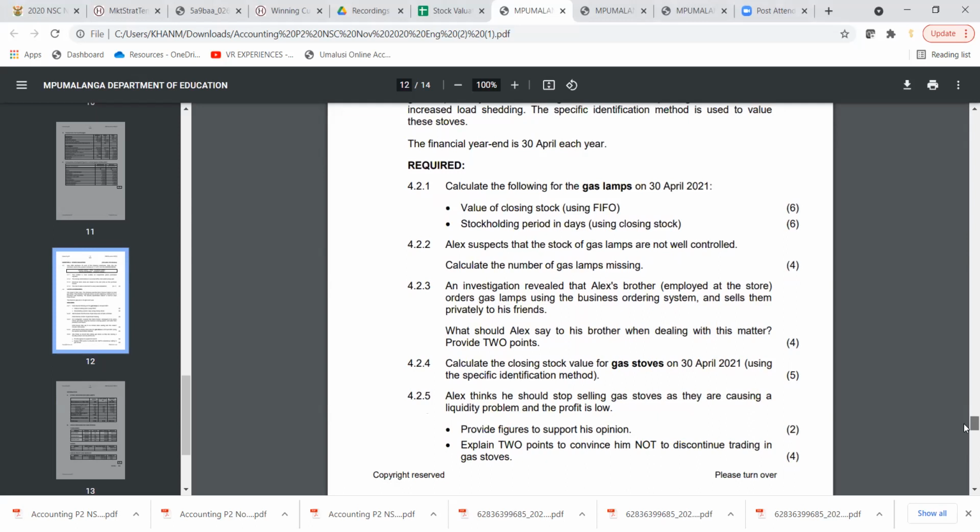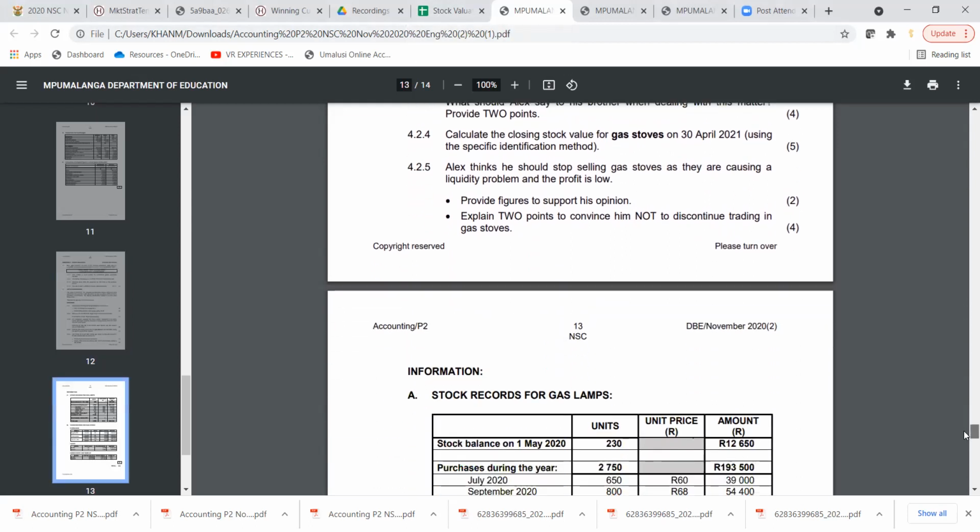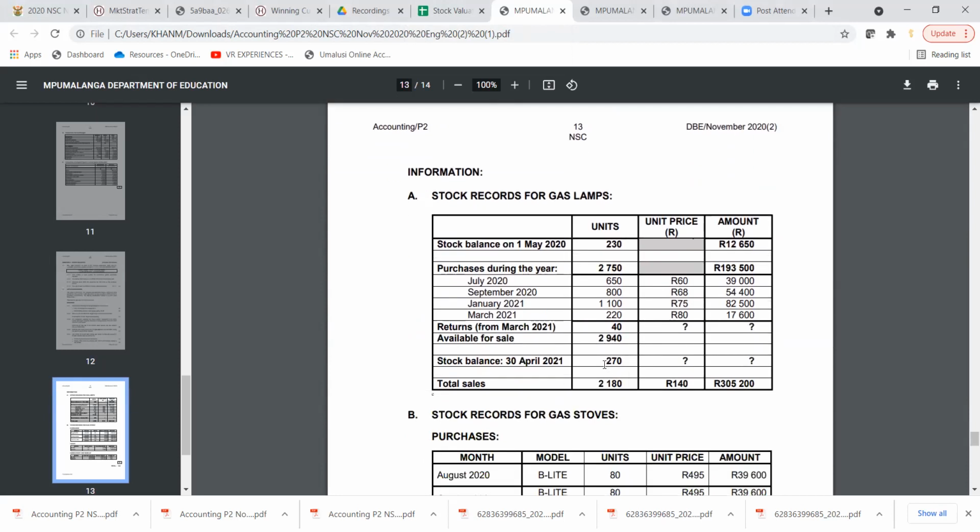We know that we have 270 units on hand. That's the closing inventory. Closing inventory units is 270. We will have to value closing inventory, and the valuation method is FIFO.